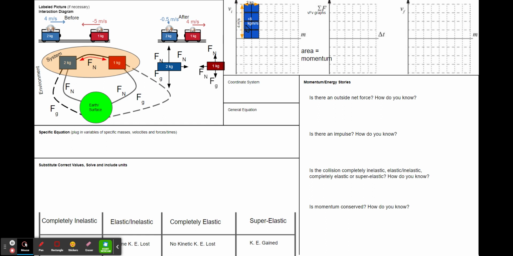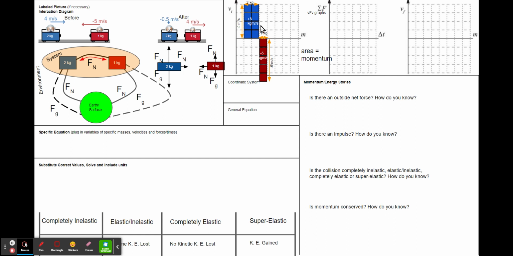So 2 times 4 makes an area of 8 kilogram meters per second. And again, we make sure we keep the right signs. The 1 kilogram mass has a base of 1 kilogram and a height of negative 5 meters per second, making a momentum of negative 5 kilogram meters per second.